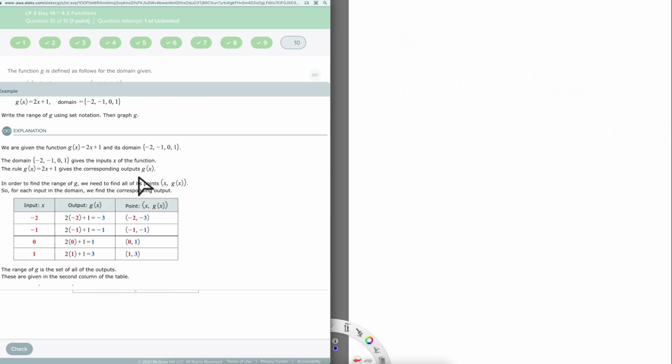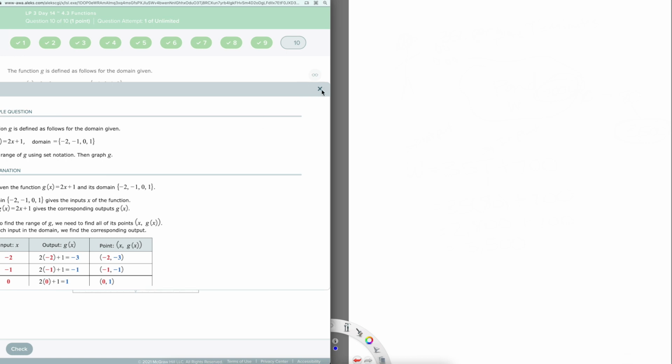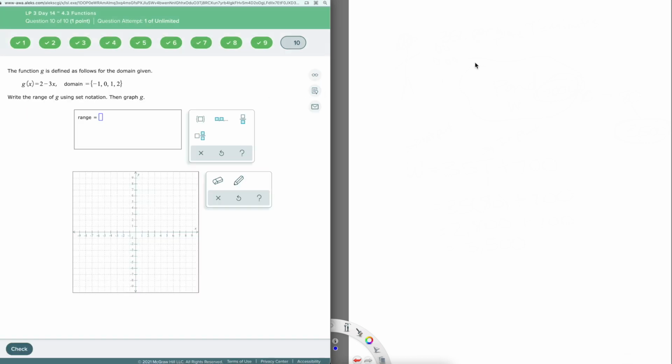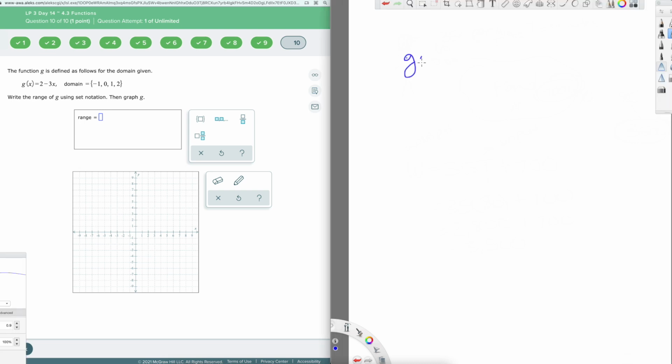Okay, so now that we've seen that, because that's a little easier, I think, to see than for me to write it and explain it all over here, we're going to go through and we're going to do g of x equals 2 minus 3x. And I'm going to plug these numbers in. So the first number they want us to do is -1.